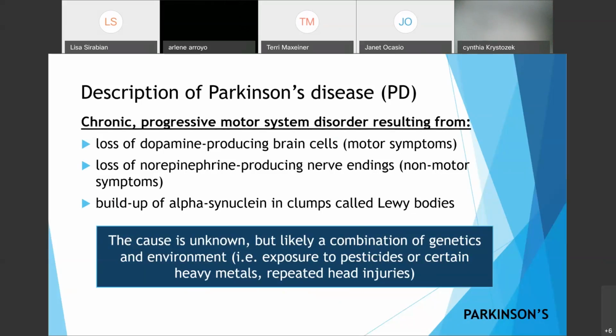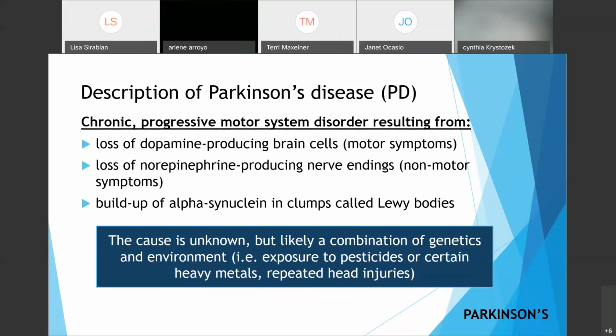That is a protein that is in abundance in the brain, and it's supposed to be there. The problem is that the brain stops doing its job of using the protein and then clearing the protein, and it begins clumping and building up into these things called Lewy bodies, and then that also contributes to inflammation in the brain and brain damage.